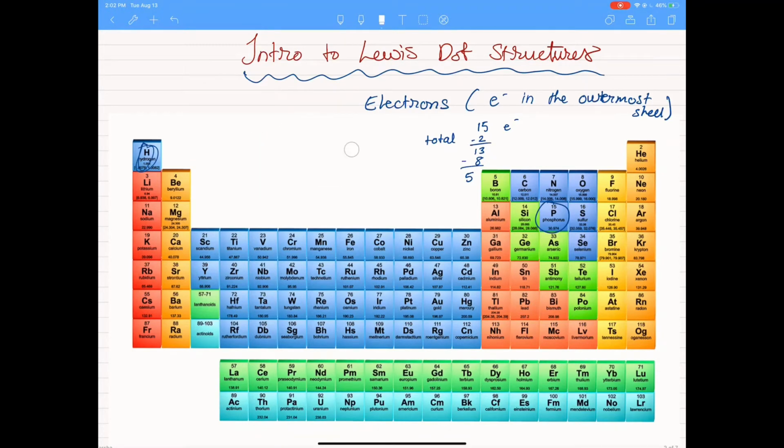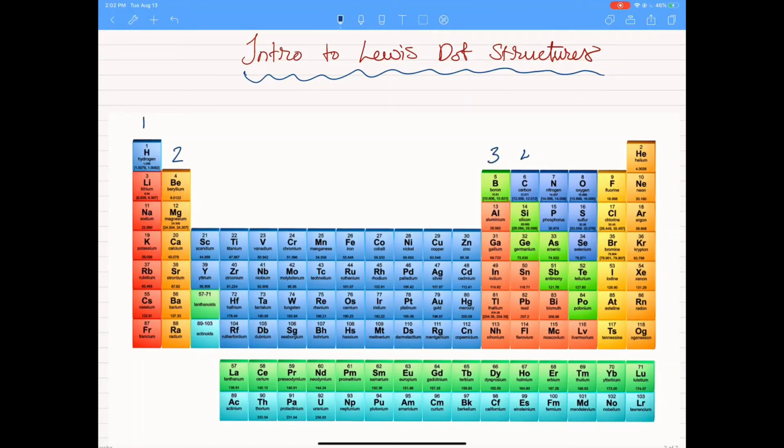Now the periodic table is set up in a particular way so that finding the number of valence electrons of each element is easy. So first thing you do is just number all the columns, 3, 4, 5, 6, 7, and these are the noble gases, so there's 8. So like we did the example with carbon, carbon has 4 valence electrons, but every other element below carbon will all have 4 valence electrons.